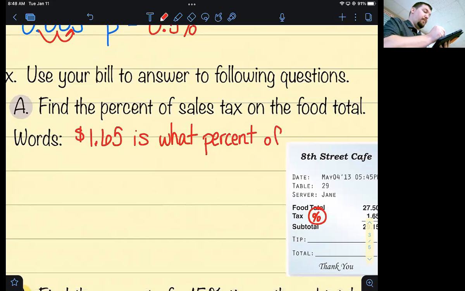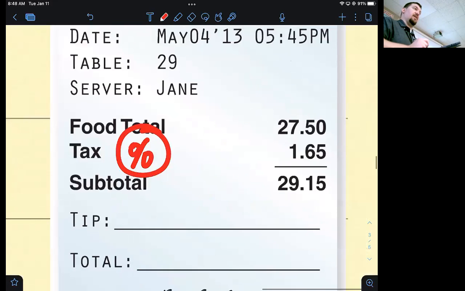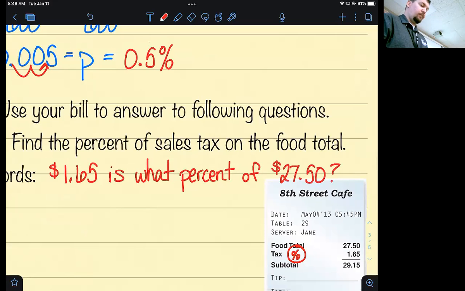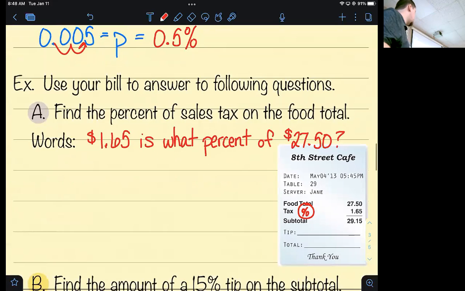So of the food total, but instead of writing of the food total, I know the food total is $27.50. So I'm going to write of $27.50. That's what I'm trying to find. When it says find the percent of the sales tax on the food total, it's basically saying $1.65, that's your tax, is what percent of that food total. It's what percent of $27.50.